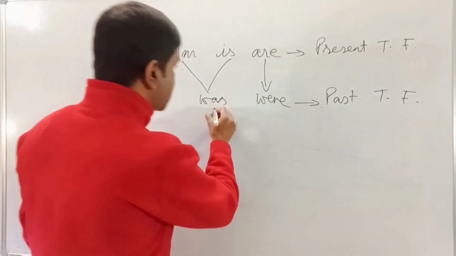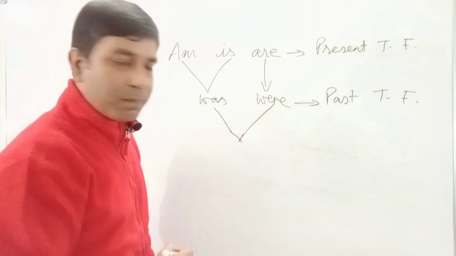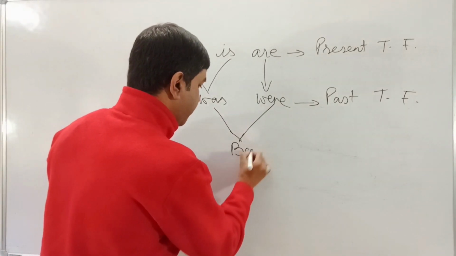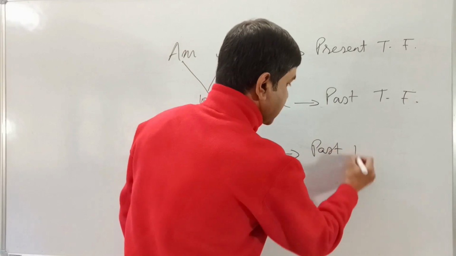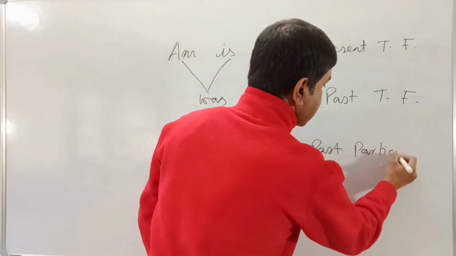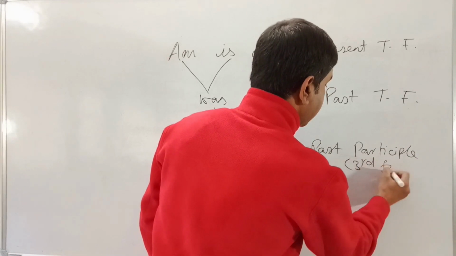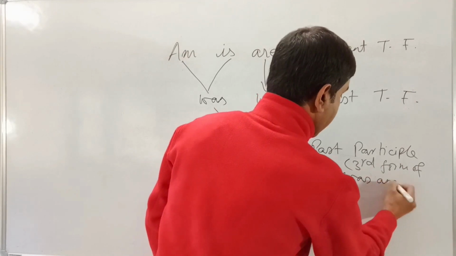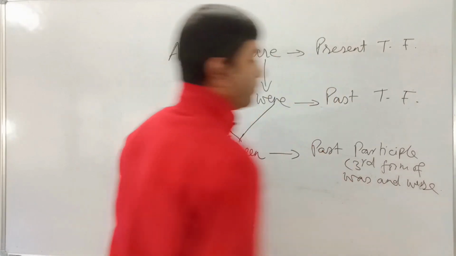So when you change was and were into past participle form, the third form of verb, they become been. So been is the past participle or third form of was and were.